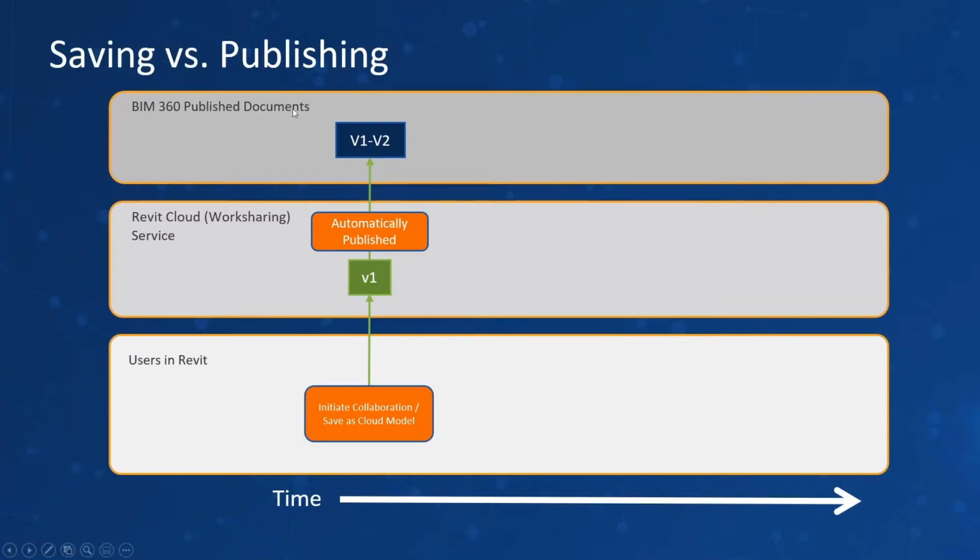So that's where the published documents kick in. The first time this is automatic. So I'm saving to central. The first time, it automatically creates a version 2. I'm not going to spend too much time on why it's version 2. It's sort of a placeholder, and then it fills the data. So version 2 is actually the first visible file inside of the system.